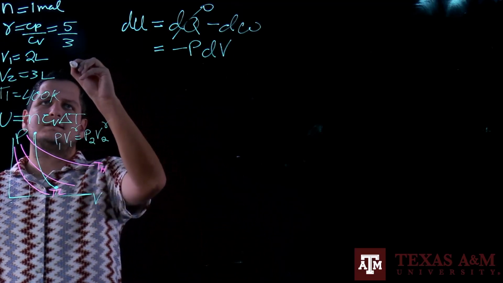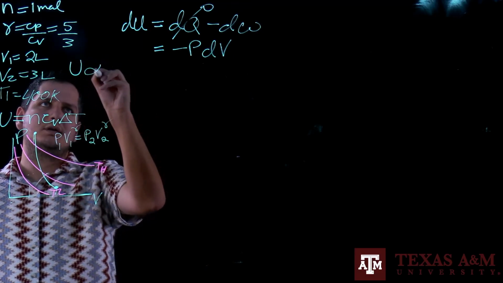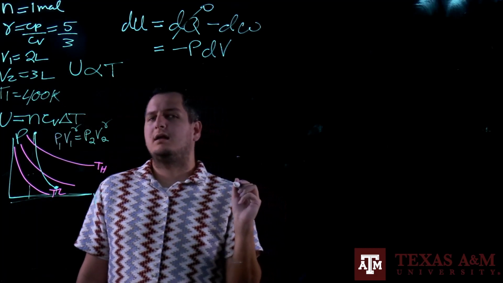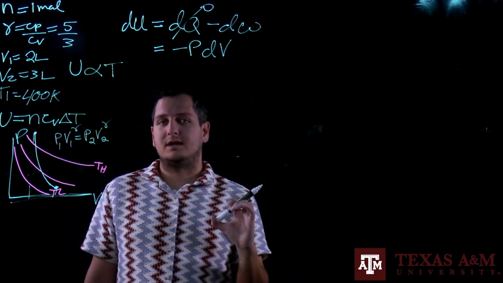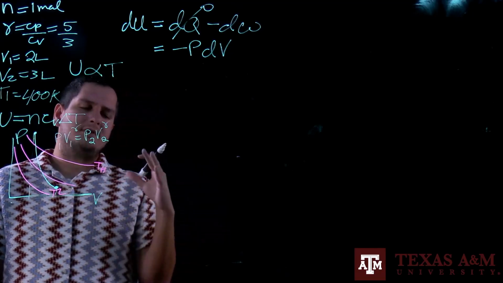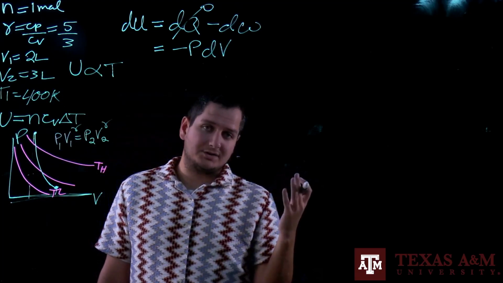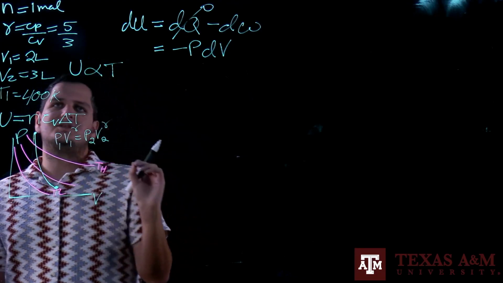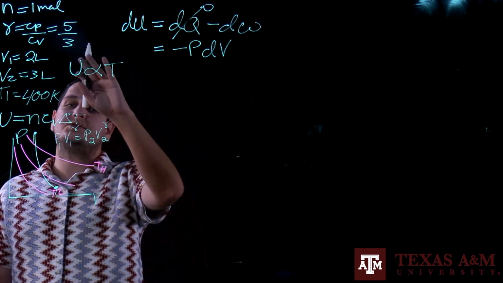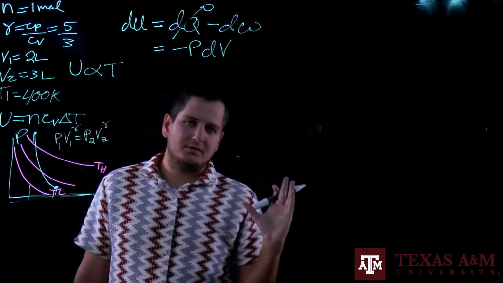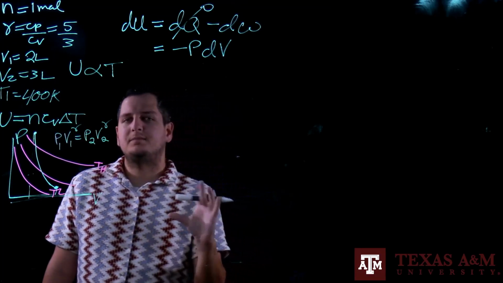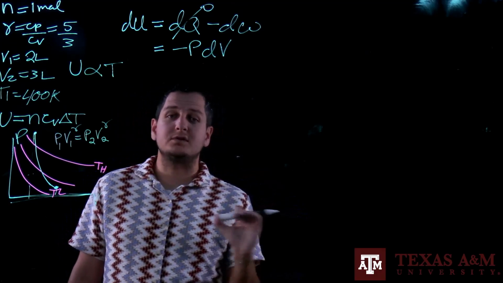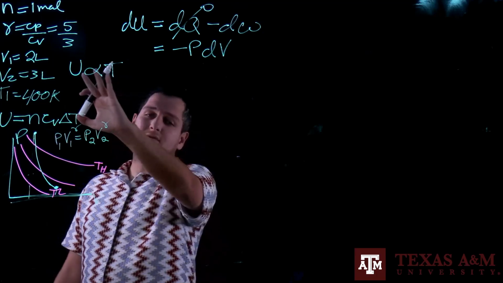For an ideal gas, U is directly proportional to T, and only to T. In an ideal gas, there's no intermolecular interactions, so any change in internal energy is a change in T. In other cases where there are interactions, the internal energy may increase without temperature necessarily increasing, but that is not the case for the ideal gas.